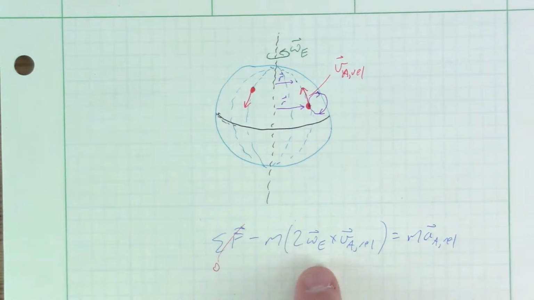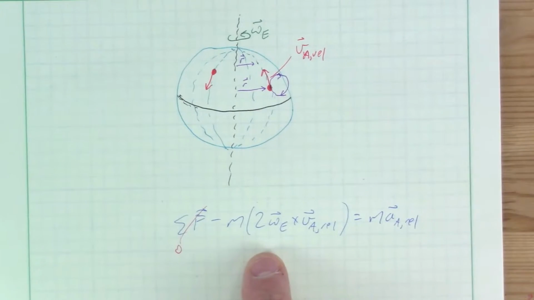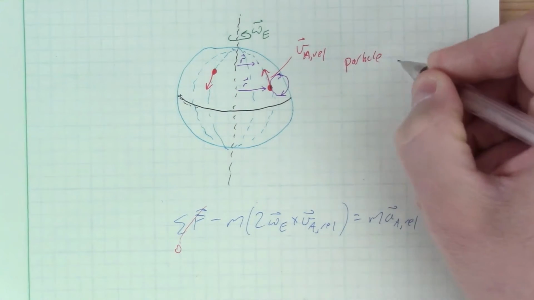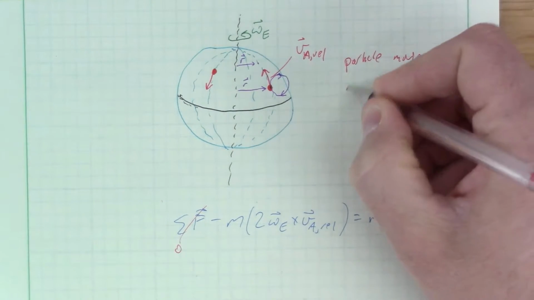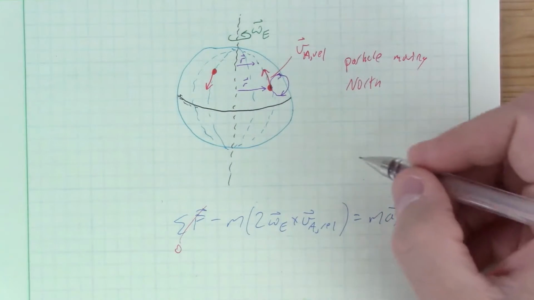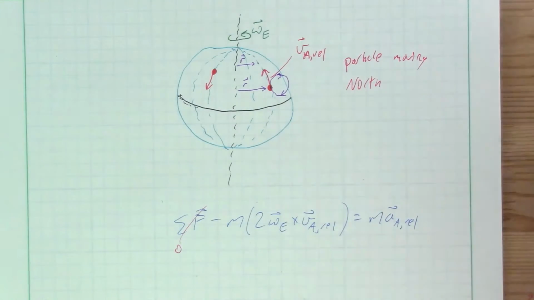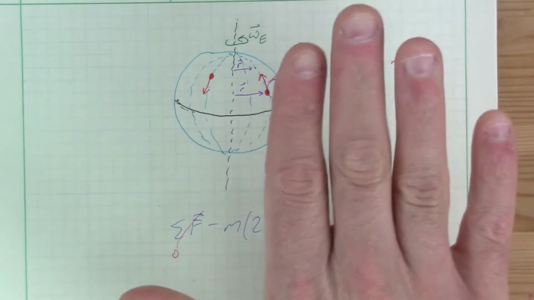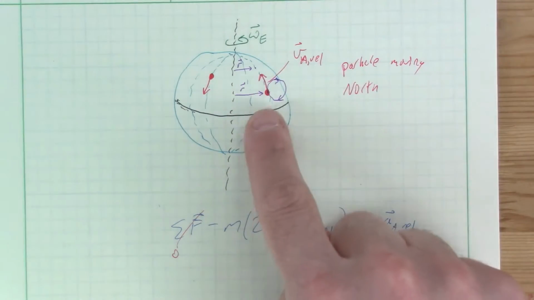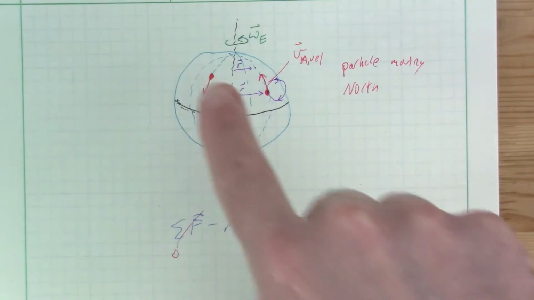Now let's analyze this from this term. This acts like a force. So let's say we have a particle moving north in the northern hemisphere. Then we have the right-hand rule from this term, like what force it felt. Well, you've got omega E, which is straight up the axis. And then you have to bend your fingers a little bit down, because moving north is tilted inward.